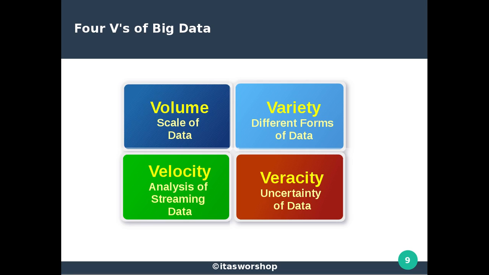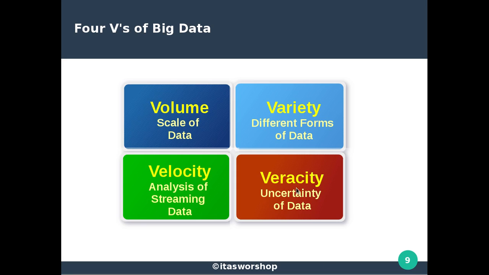So we are still doing that analysis, and tomorrow new data is coming, we have to do that analysis. So the velocity at which this data generation is going on, the speed is really high, and we need to streamline all this data for analytical purposes.